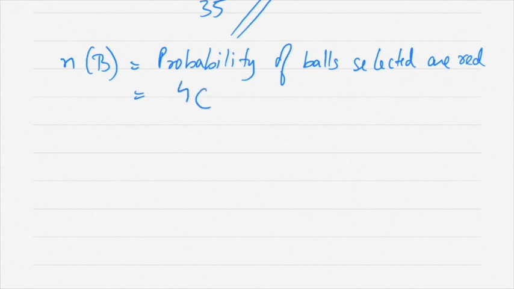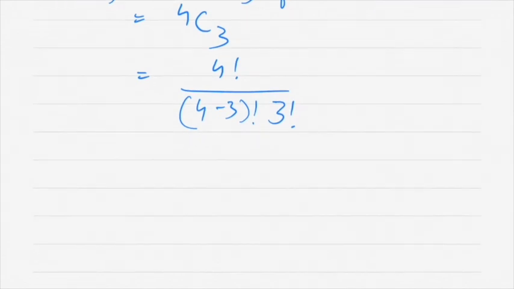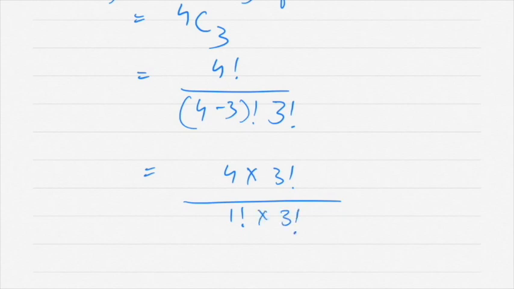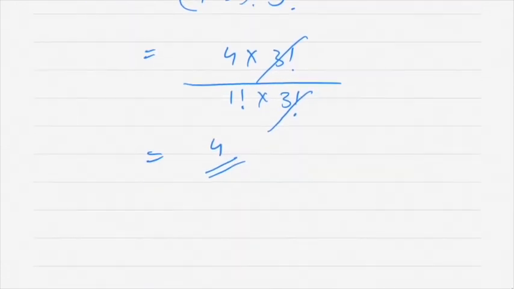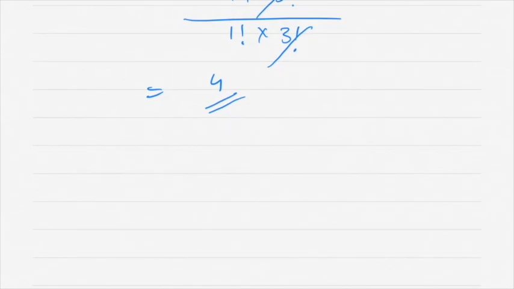So out of 4 red balls, 3 balls are getting selected. So that means 4C3. Right? 4C3 means 4 factorial, 4 minus 3 factorial and 3 factorial. 4 into 3 factorial. 4 minus 3 is 1. So 1 factorial is 1 only and 3 factorial, 3 factorial, you can cancel it. So 4.